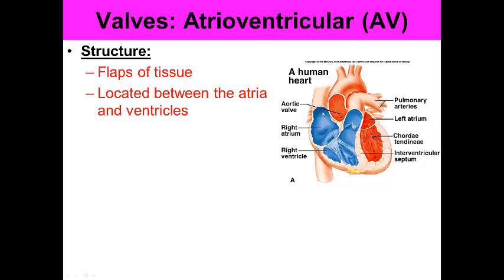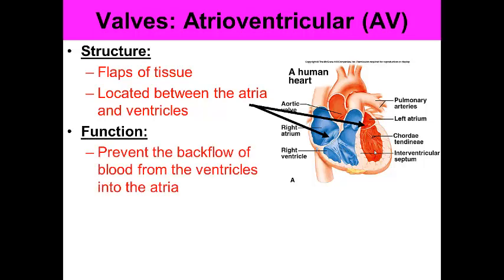And that sort of tells you the name, atrioventricular. What is their function? Like the one-way valves with veins, these valves function in the same way, and it's to prevent blood from flowing back into the atria from the ventricles. So it shuts the blood flow down.